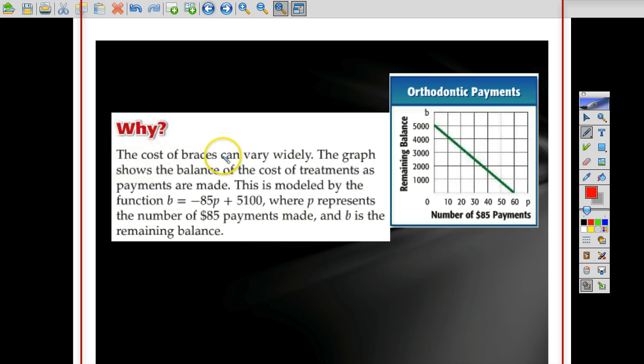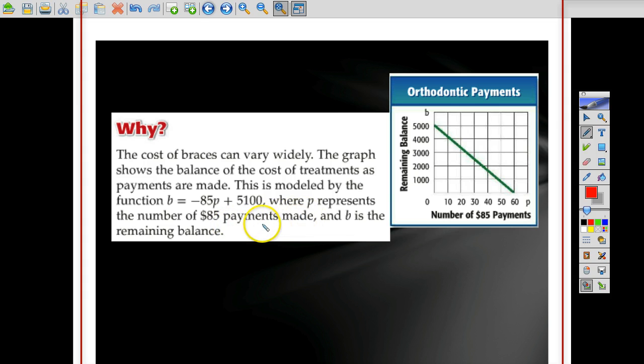The cost of braces can vary widely. The graph shows the balance of the cost of treatments as payments are made. This is modeled by the function b equals negative 85p plus 5,100, where p represents the number of $85 payments made and b is the remaining balance.